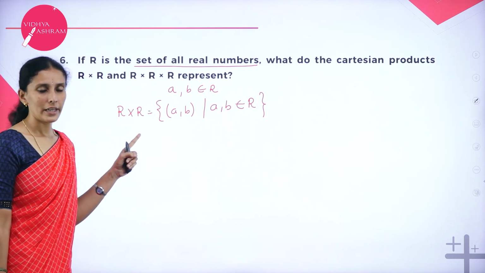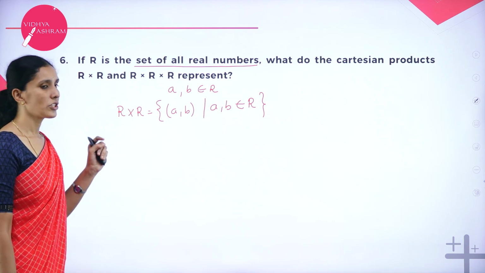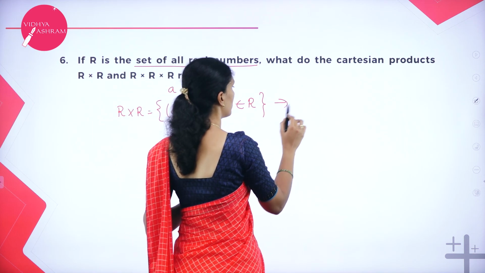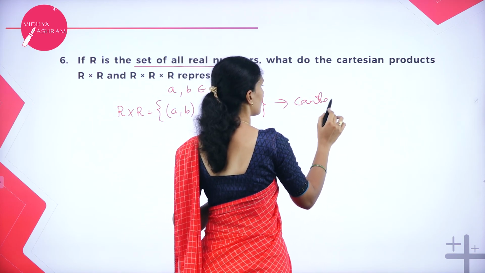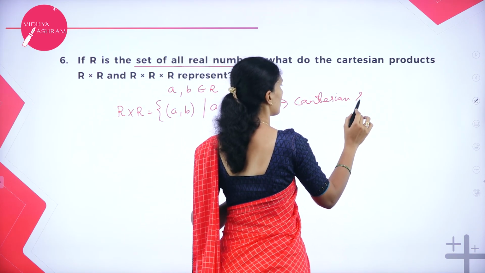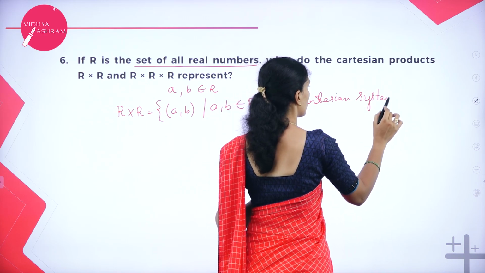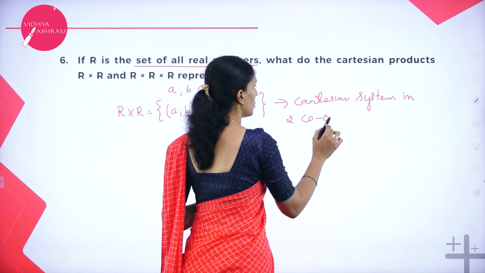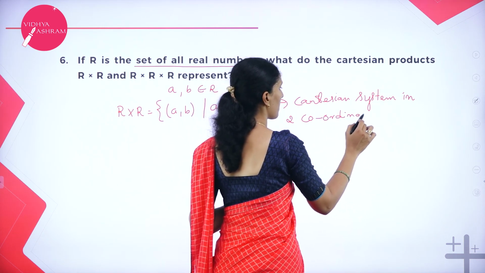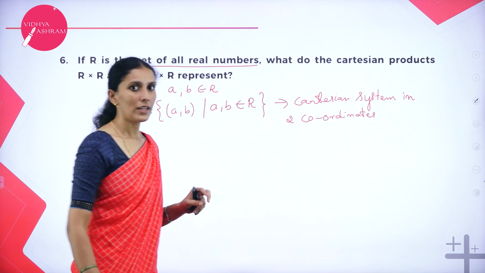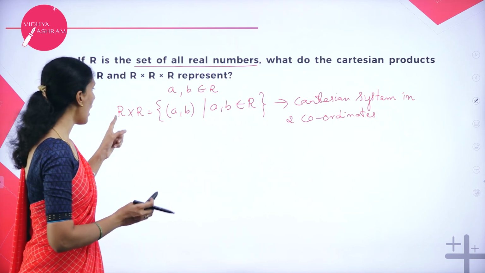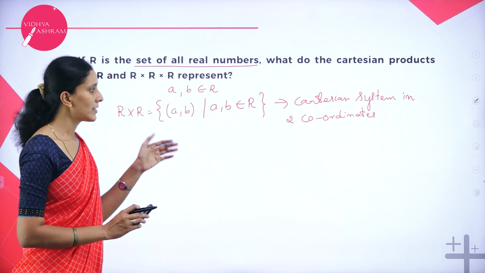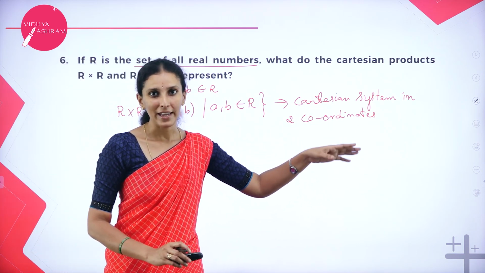This set represents the Cartesian system in two coordinates, that is your x and y axis. So R cross R represents the Cartesian coordinate system in your x and y axis.